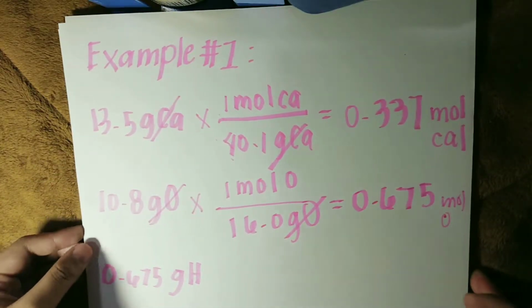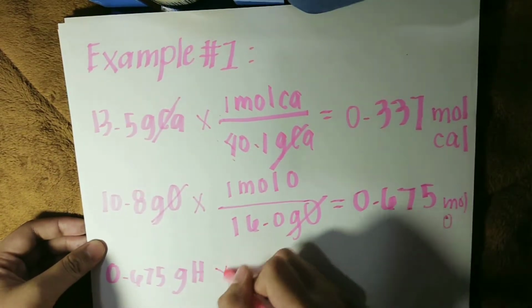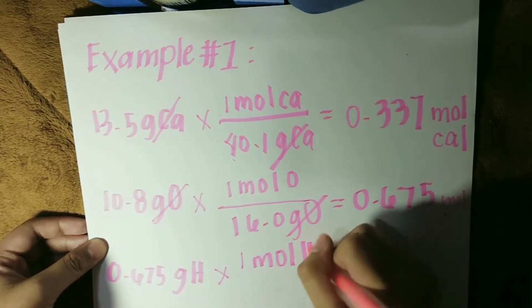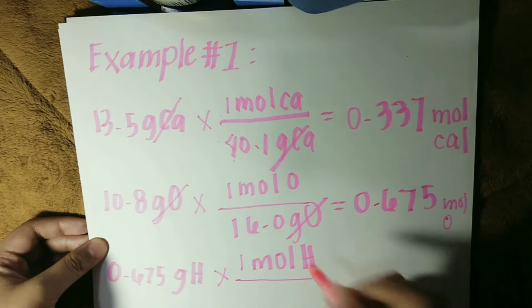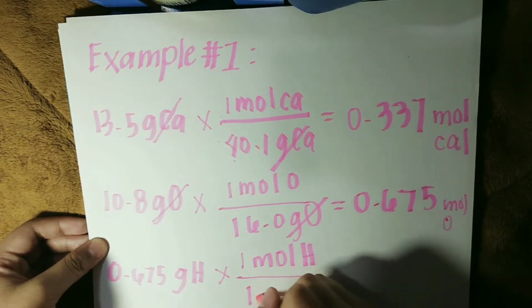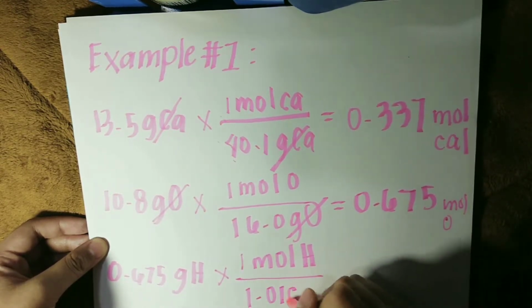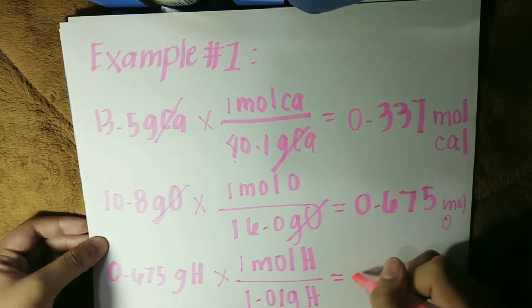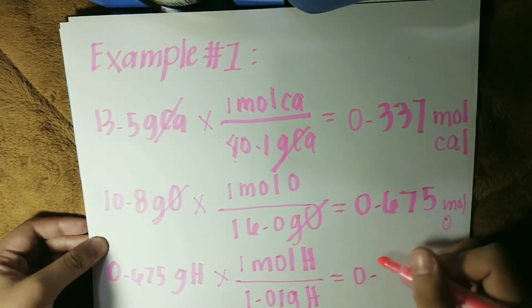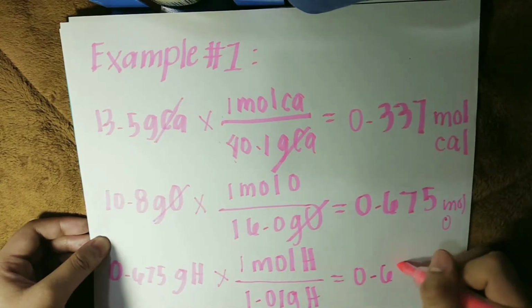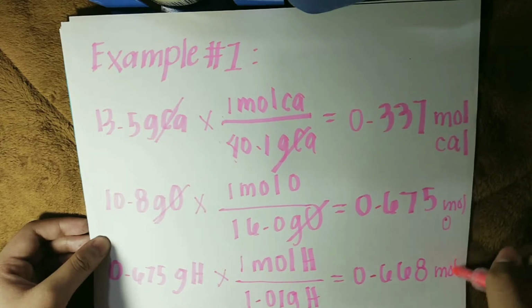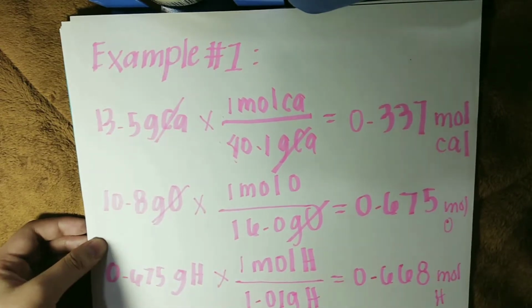And for hydrogen, one mole hydrogen over 1.01 grams is equals to 0.668 mole hydrogen.